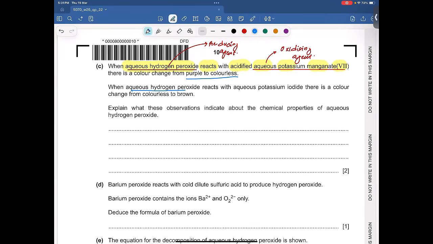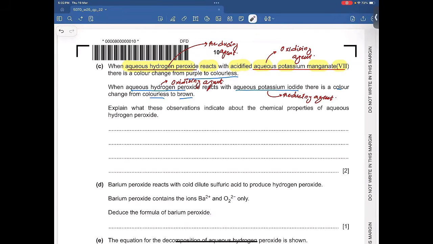When aqueous hydrogen peroxide reacts with aqueous potassium iodide, there is a color change from colorless to brown. Now, in this reaction, hydrogen peroxide is acting as an oxidizing agent, because potassium iodide is acting as a reducing agent. And we have done this whole scenario in the class also, okay?